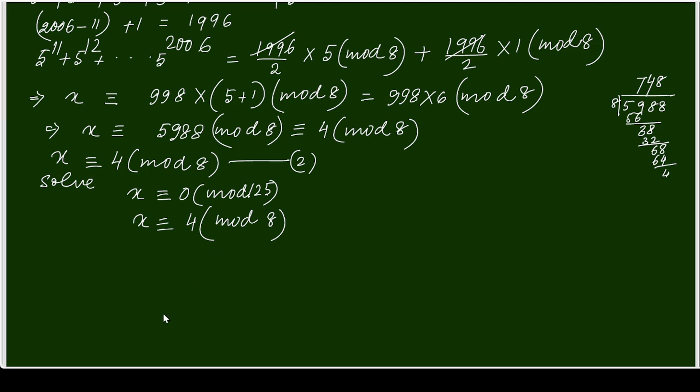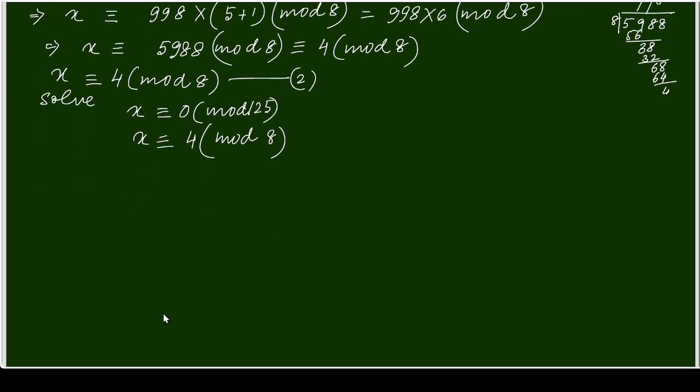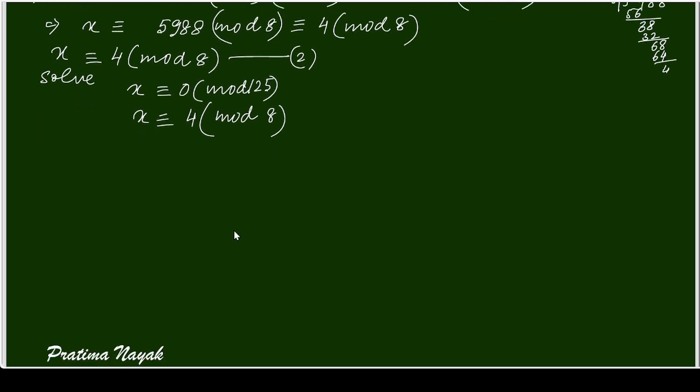From these two, I could have applied this Chinese remainder theorem, but this is very small. That means only two equations are there, and here 0 is there, so it is easier. If one of the remainders is 0, it is much easier. Now please check how I am solving this. When x is congruent to 0 modulo 125, that means x is a multiple of 125 plus 0.